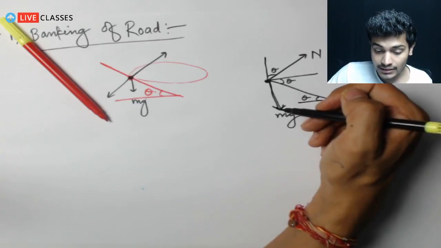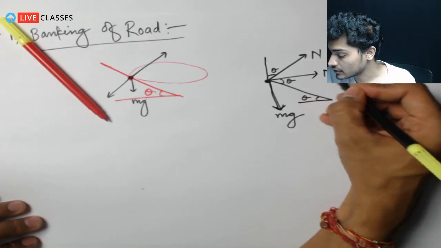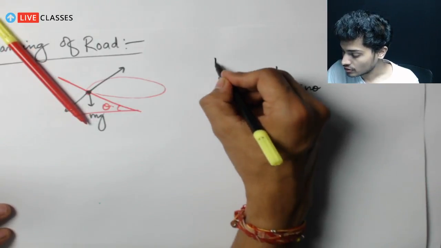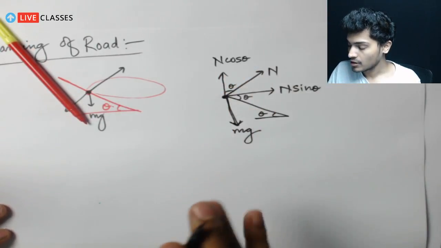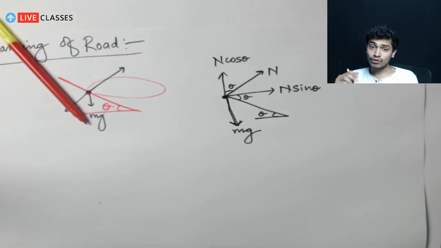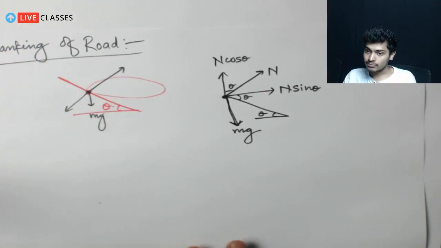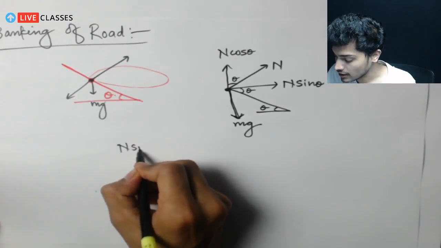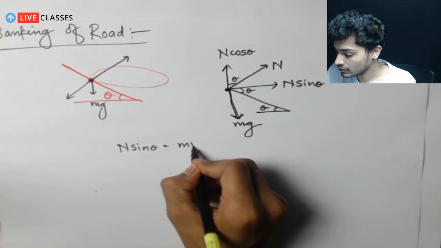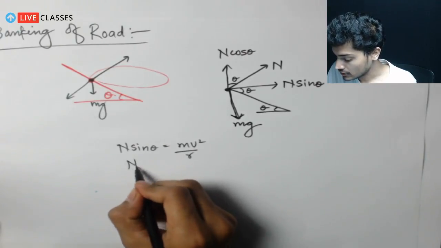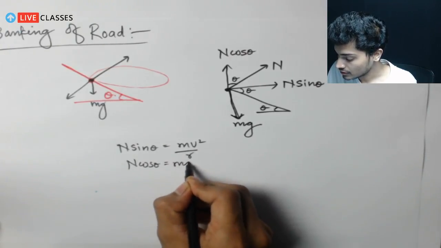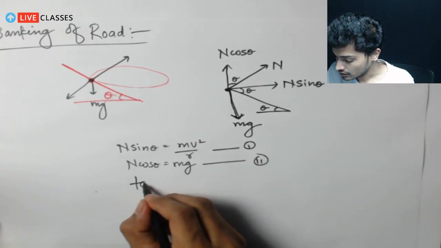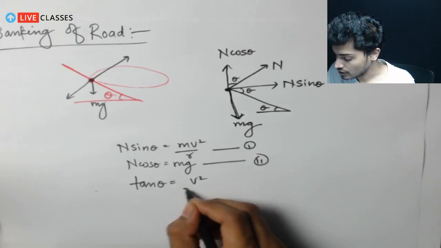So here N sin theta will act in this direction and N cos theta will act in this direction. So one component of normal is providing the necessary centripetal force in this case. When we equate N sin theta with mv square by r and N cos theta with mg, and divide these two equations, we find tan theta is equal to v square upon rg.